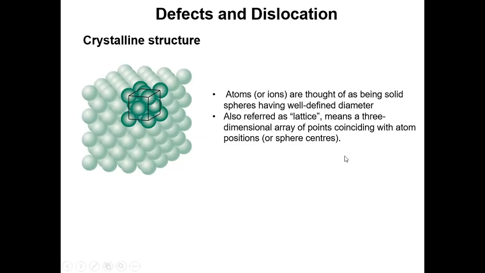We consider the center point of each sphere, and when we connect them in three dimensions, we call it the lattice structure. In crystalline material, you see the atoms are arranged in an orderly way.